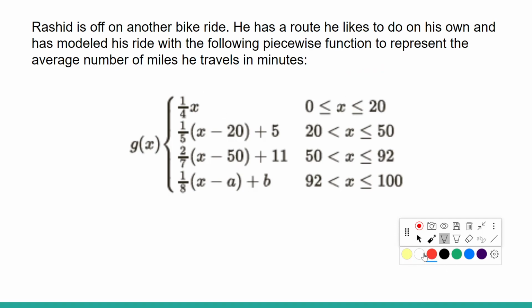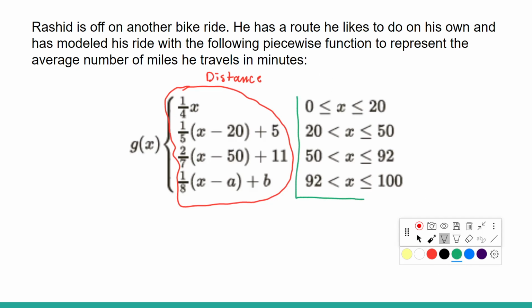That means this portion of the piecewise function gives me my distance in miles. And since we're traveling in minutes, that means my domain is intervals in minutes. So we're going to keep that in mind as we go through this.